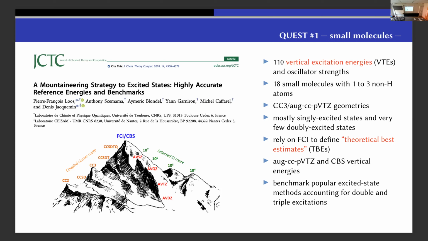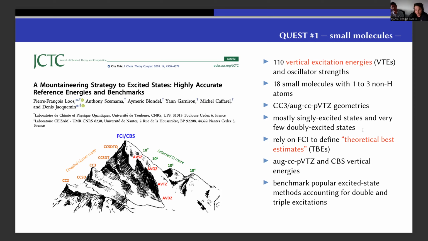So it was really small molecules, with accurate geometries usually based on CC3, third-order coupled cluster, with a triple-zeta augmented basis set. At that stage, we had only singly excited states and very few doubly excited states.